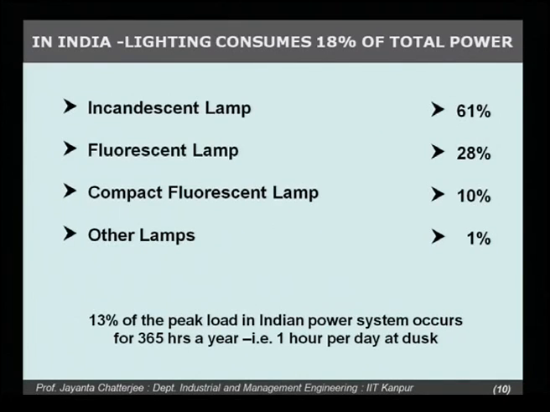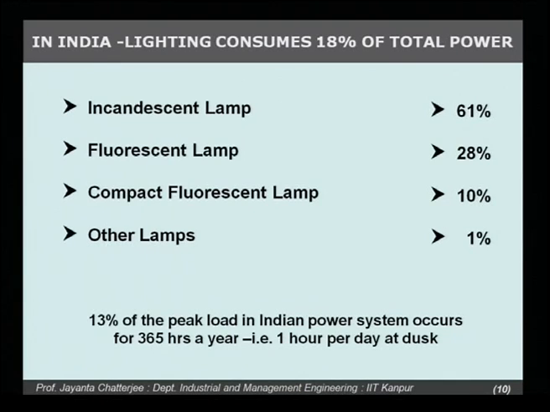Today in India, ICL, incandescent lamp, constitutes 61% of the market, 28% is fluorescent lamp like the old tube light, CFL is only 10%, and LED and other types of lamps are even 1%.